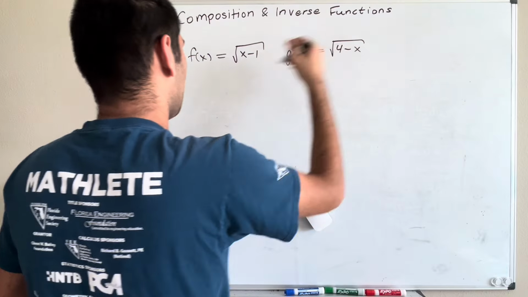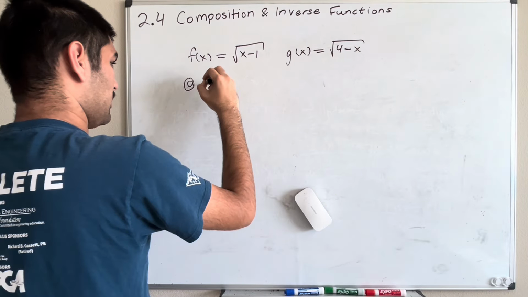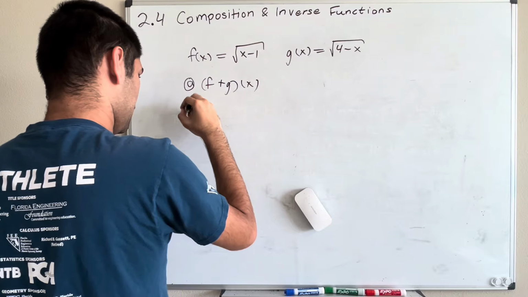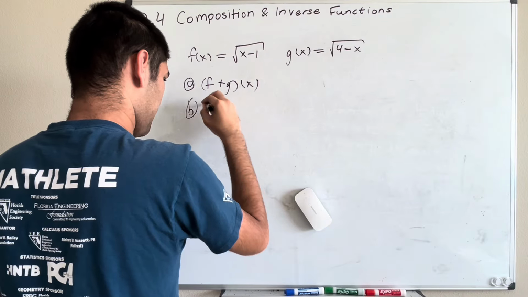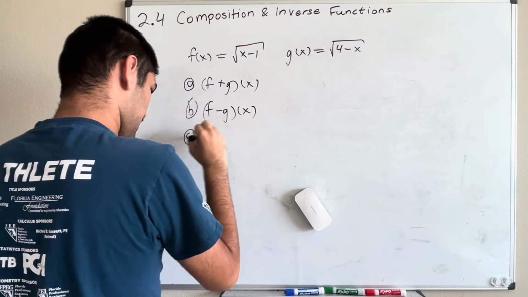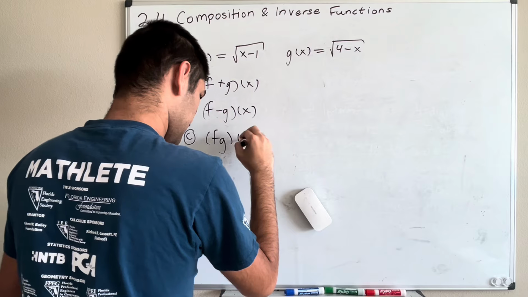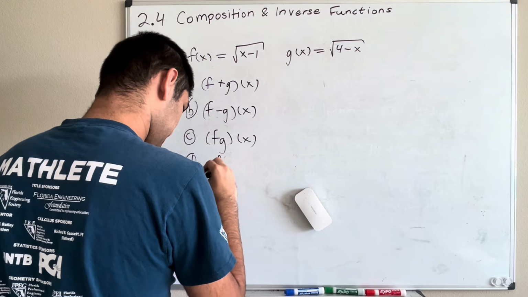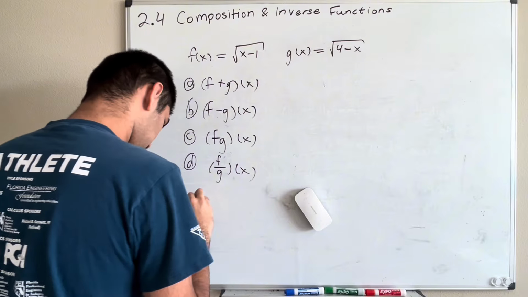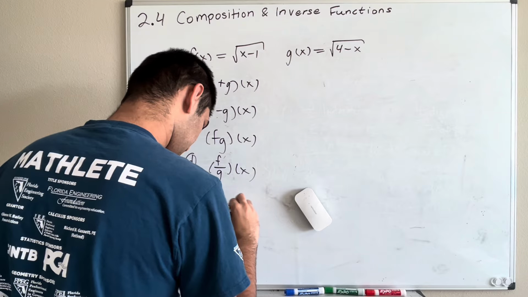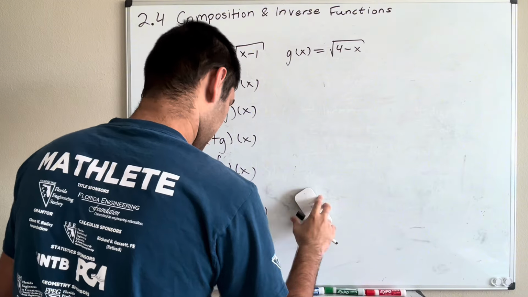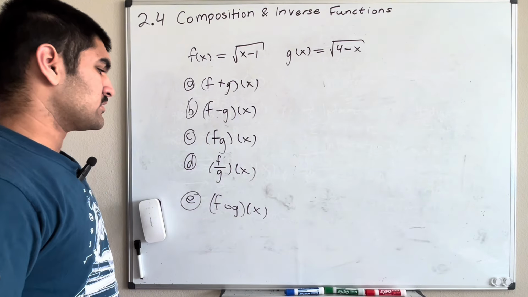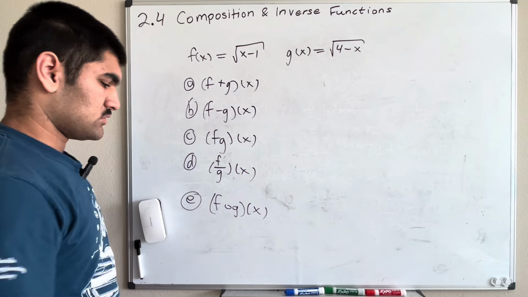I want you to find f plus g of x, f minus g of x, f times g of x, f over g of x, and f of g of x. Pause the video and see if you can figure out these solutions.